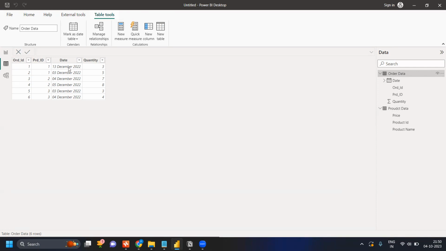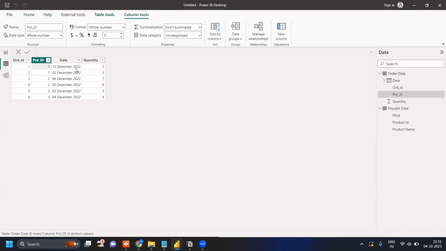And with respect to transaction dates, the price of the products and also the quantity sold by the customers. So here product ID 1 has three quantities sold by the customers.